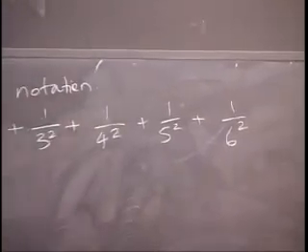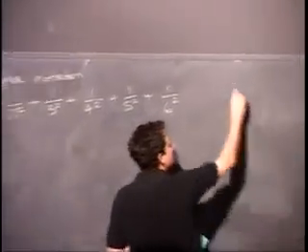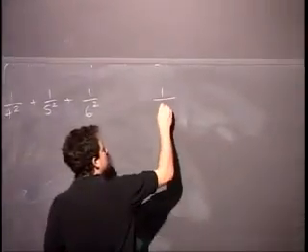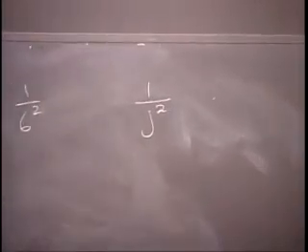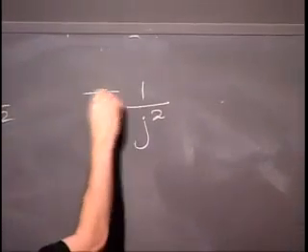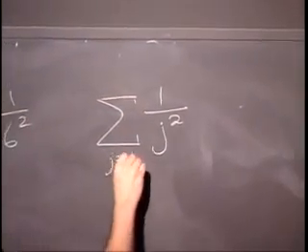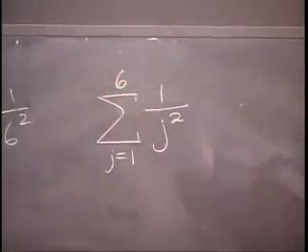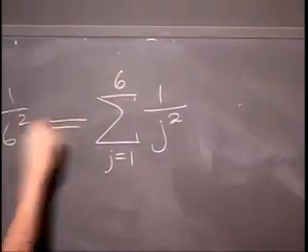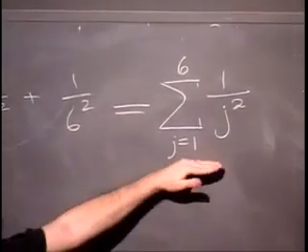The main template is that everything looks like 1 over j squared. And if I stick this big Greek letter sigma, which stands for sum, and I put j equals 1 to 6, then this is an abbreviation for this.